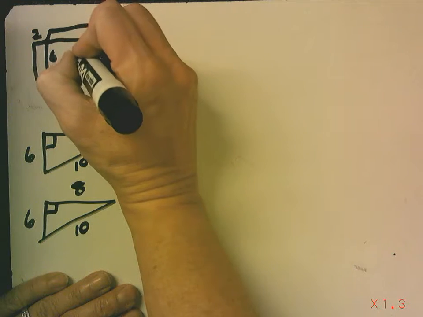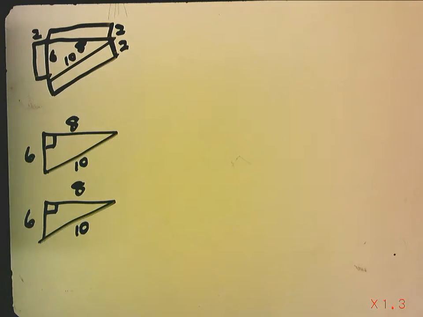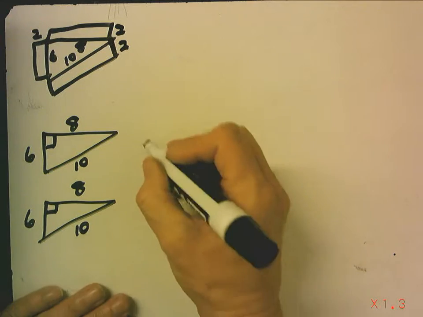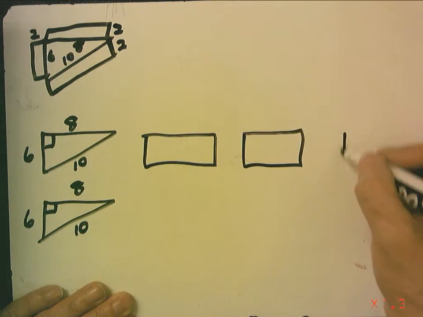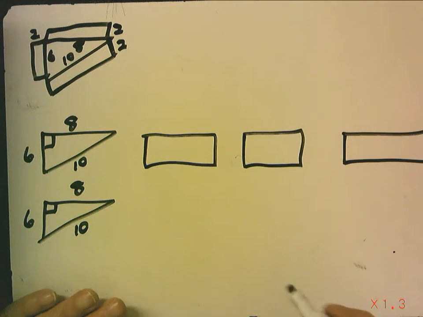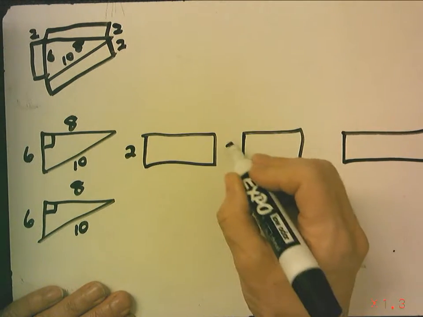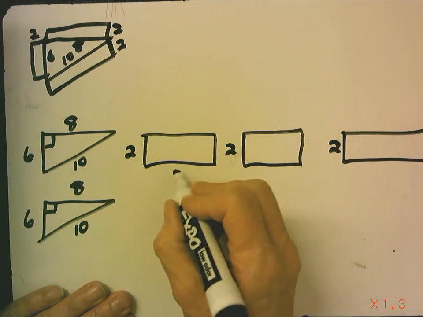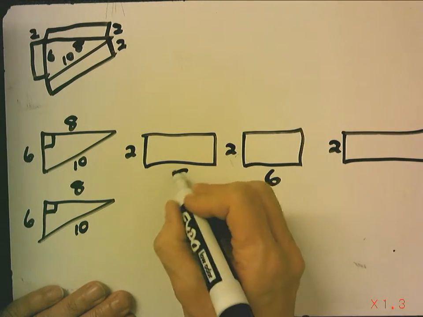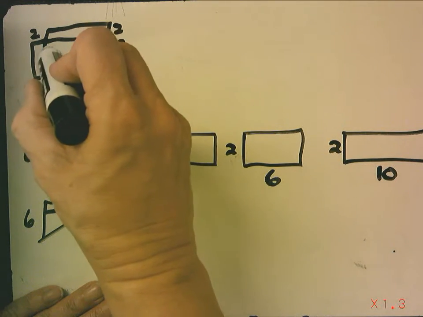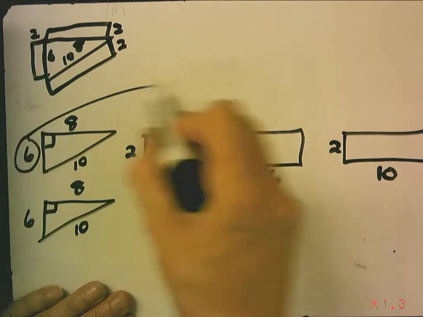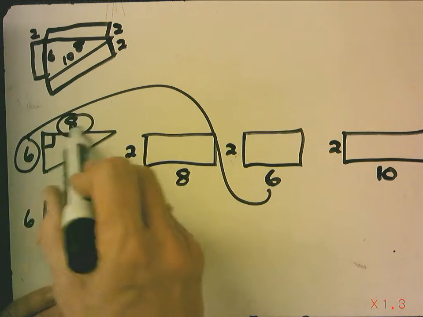And if this side is 8, this rectangle has a height of 2 and a length of 8. So I have 2 parallel and congruent triangular bases, and then 3 rectangular sides, all with different dimensions. They all have a height of 2, but one has a length of 6, one of 8, and one of 10. That comes from the sides of the triangle.